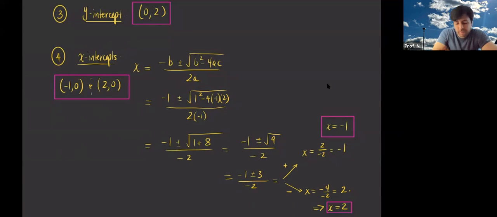But yeah, these numbers here produce very nice x values. They're whole numbers, but of course they're not always going to be whole numbers. They could be fractions, they could be irrational numbers. So that's the idea.